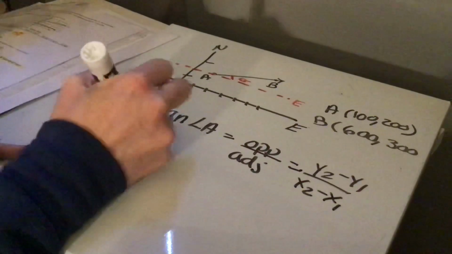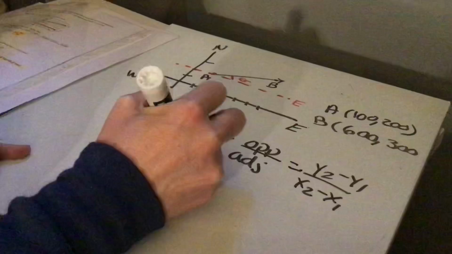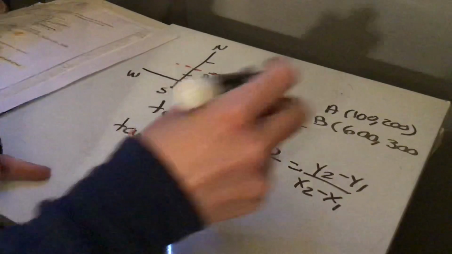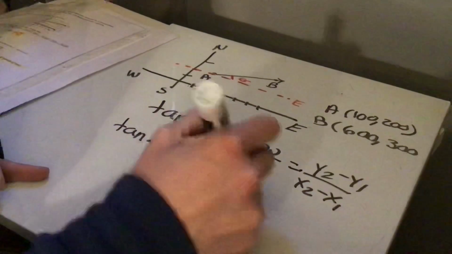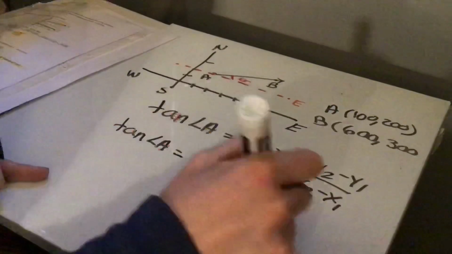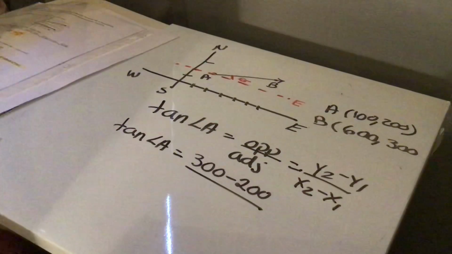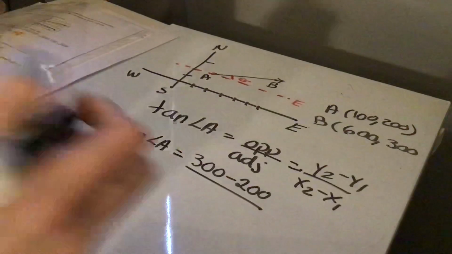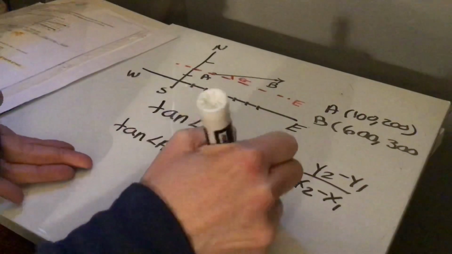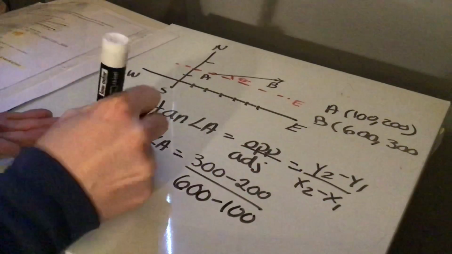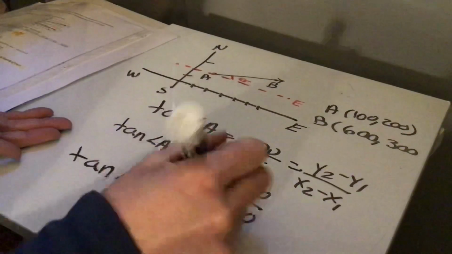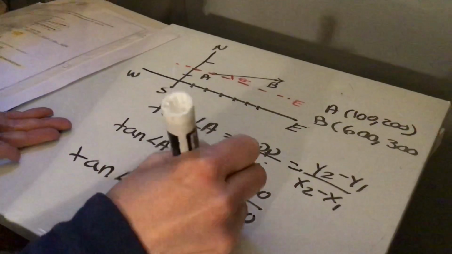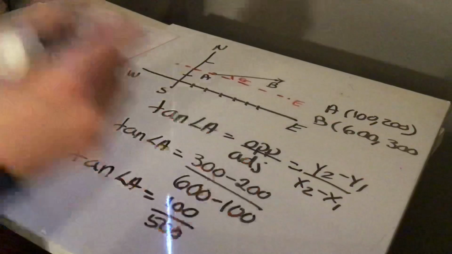So the tangent of angle A is 300 minus 200 over 600 minus 100. So the tangent of angle A is 100 over 500.